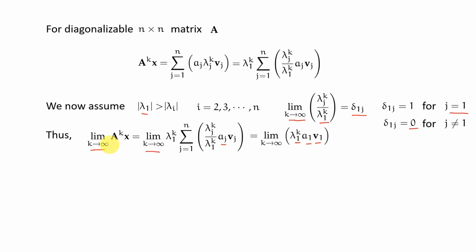With this idea of limit k tends to infinity A to the power k x is equal to limit k tends to infinity lambda 1 to the power k a1 v1, I take norm on both sides, and now I have limit k tends to infinity norm of A to the power k x equals limit k tends to infinity. This lambda and a are simply scalars, so they come out of the norm, and I have norm of v1.